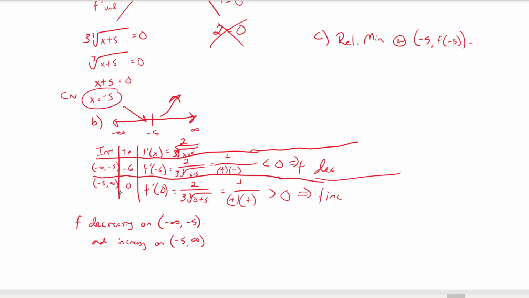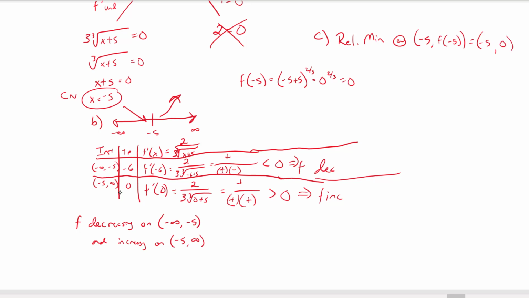To find f of -5, remember you're plugging into the original function. So f of -5 is (-5 plus 5) to the 2/3 power, which is 0 to the 2/3 power, or 0.